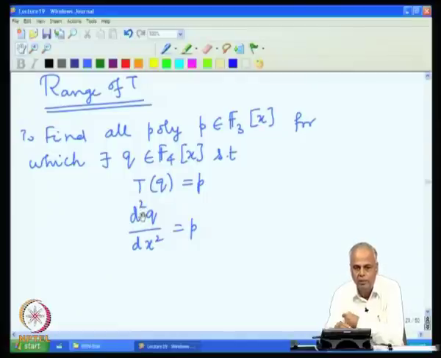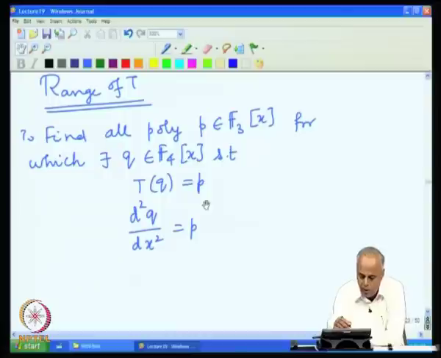Every derivative reduces the degree by 1 in the polynomial. So, if we take any polynomial in F4x and differentiate it twice, on the left hand side we will get only polynomials of degree 2 or less, and therefore, P has to be a polynomial of degree 2 or less.